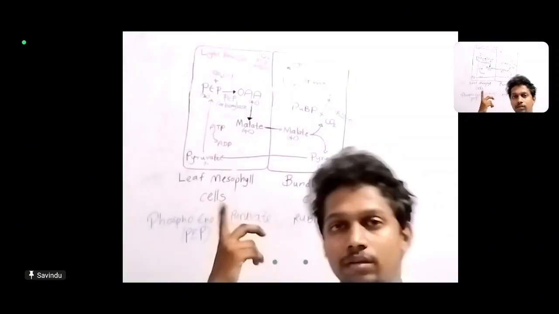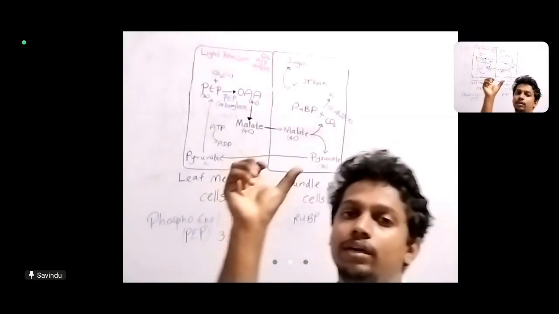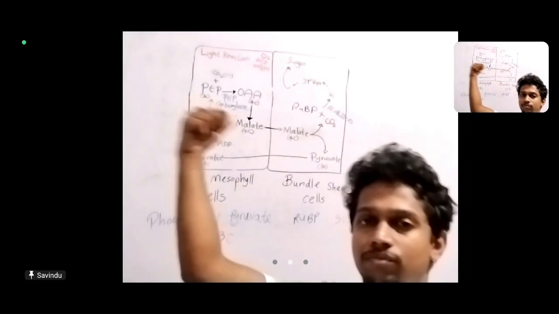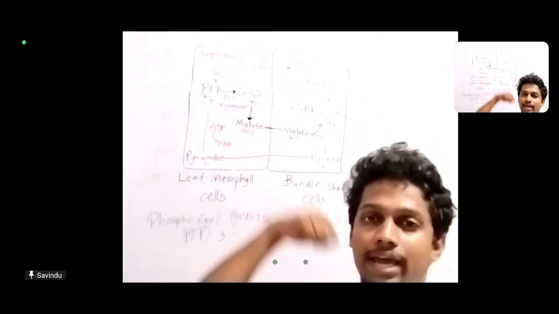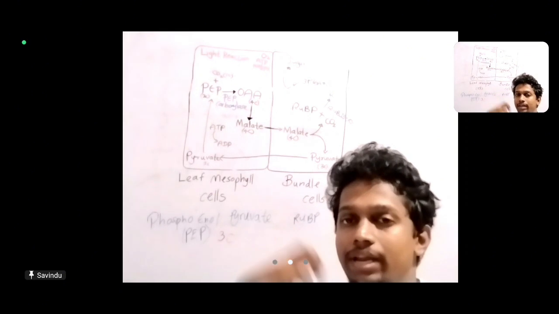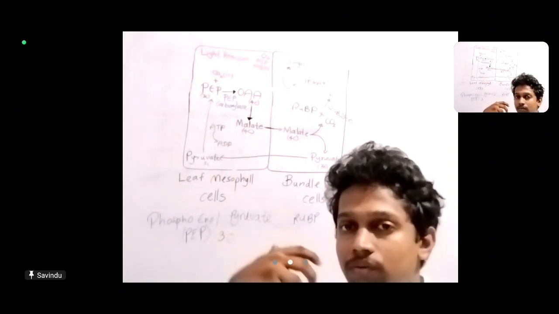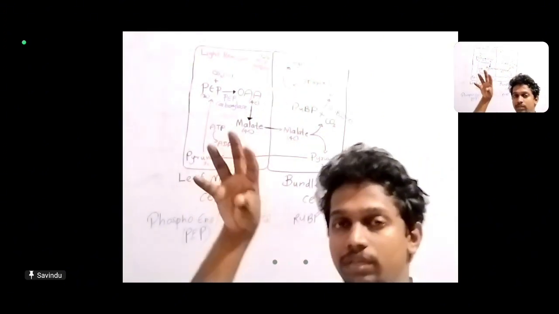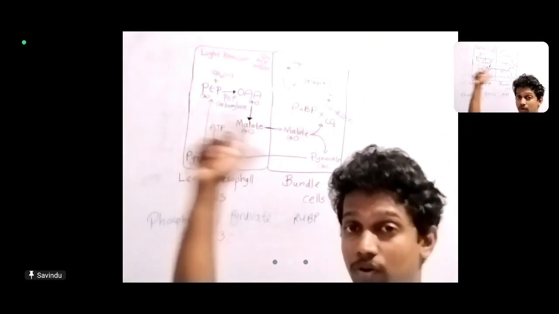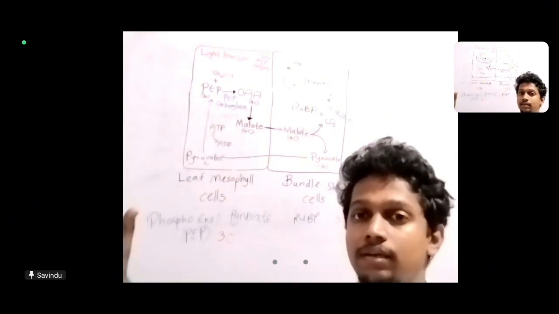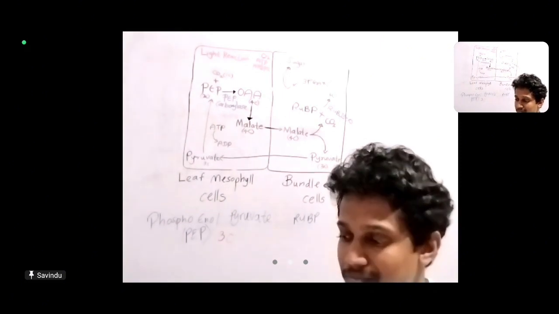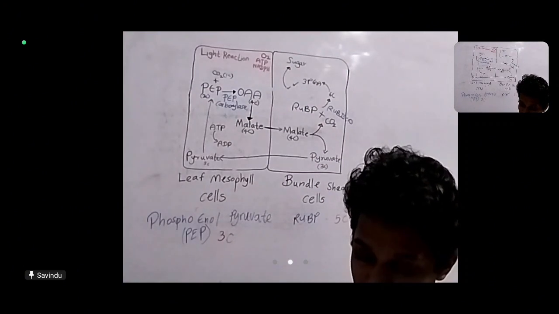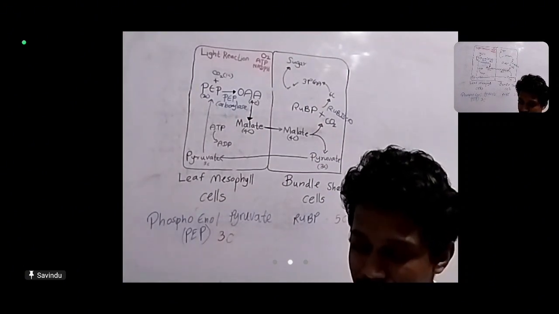Okay. Point out. If we want to provide efficient function, if these two types of cells, leaf mesophyll cells and bundle sheath cells, want to function efficiently, what do they need to have? There are two types of chloroplasts. What they want to have is specific, high connections with each other.